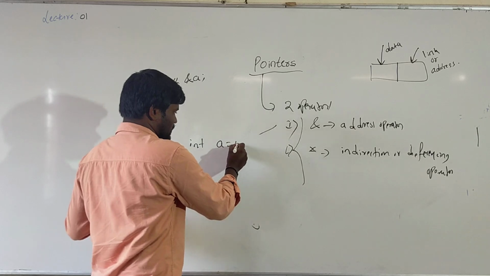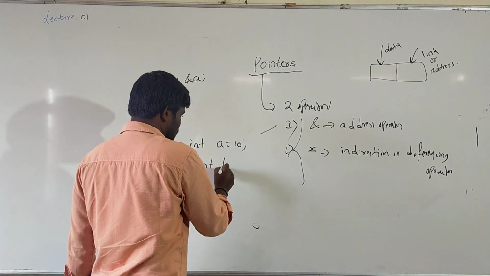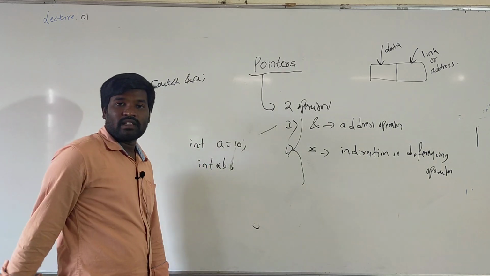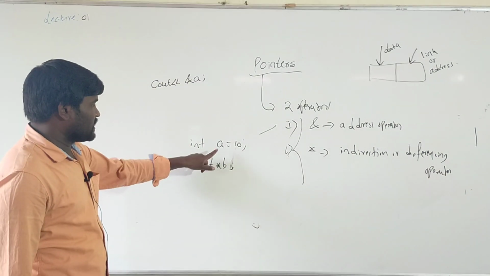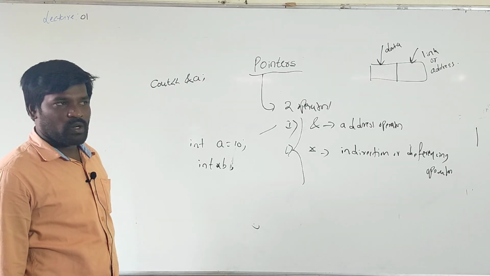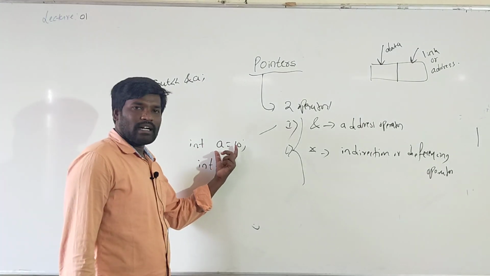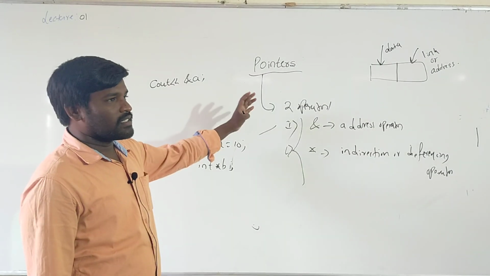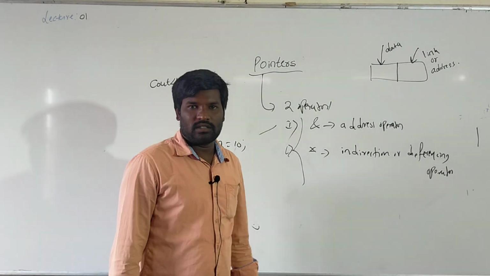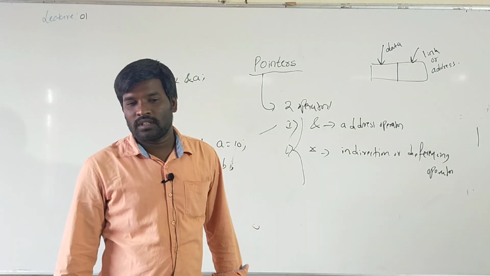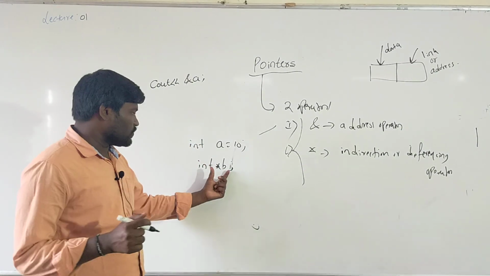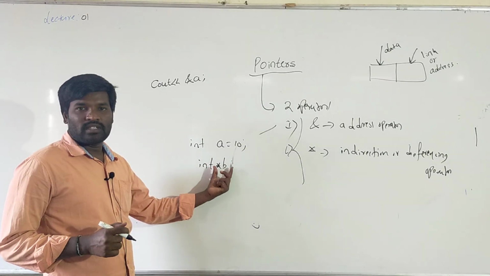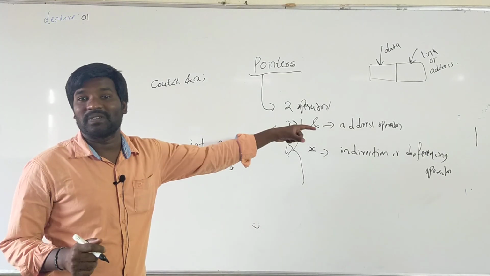Here int A is equal to 10 is there. Int star B. Here A value is 10. If I want to get the address of A, I can just use AND. Okay. The definition of pointer states that it is a variable which stores the address of another variable.